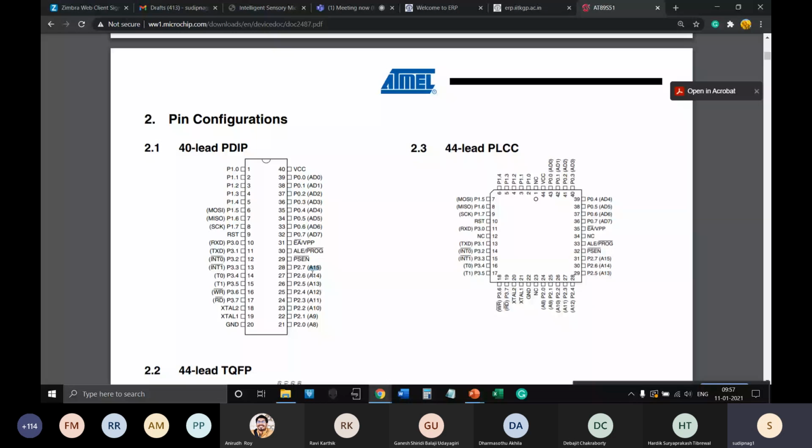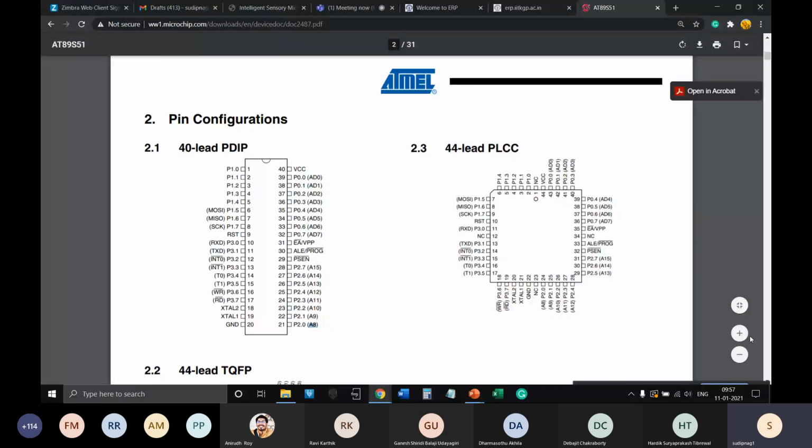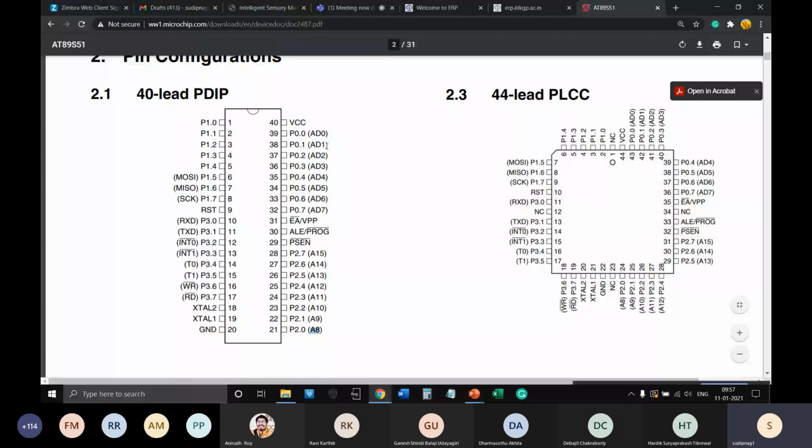The A series is the address series, the D series is the data series, and AD means address cum data, so address and data are both merged together in these AD pins. That means there are 3 functions for these pins: either port 0.0, which is a digital input or output, or address 0, or data 0. Any one at a time you can use.